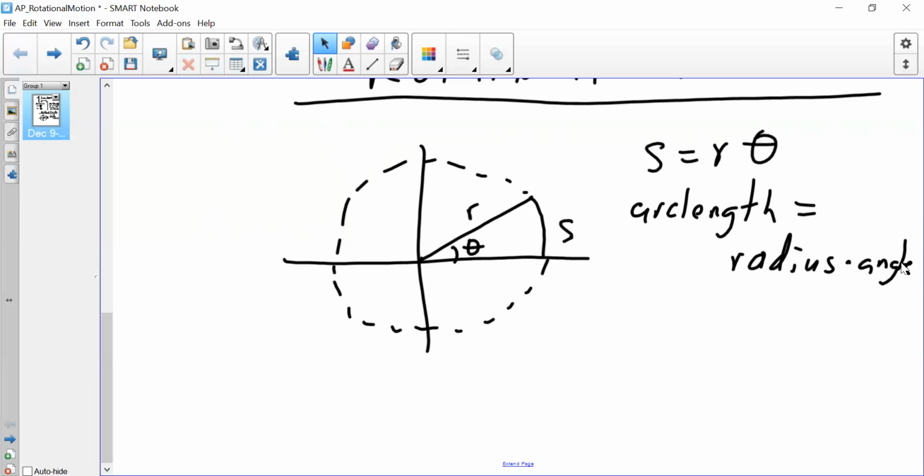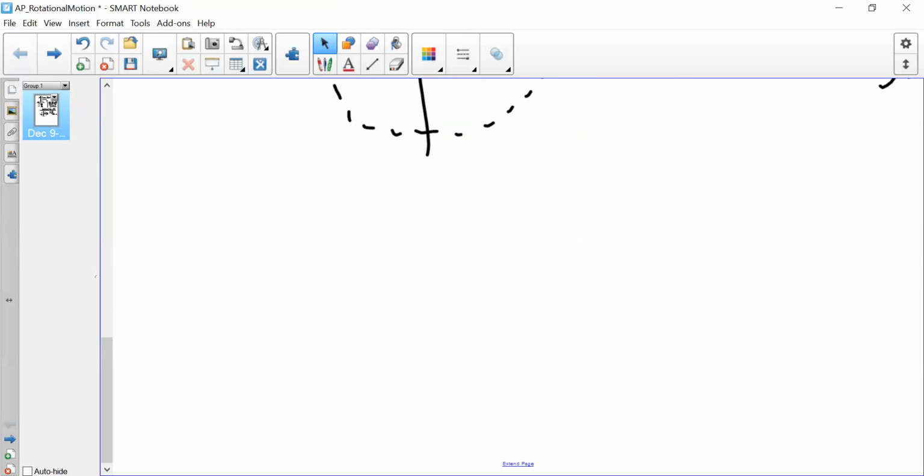For our purposes, most of the time we're going to be looking at the angle in terms of radians. It's just better to use in terms of the physics of rotation, rotational motion. We know that theta is going to be the ratio between the arc length and the radius.